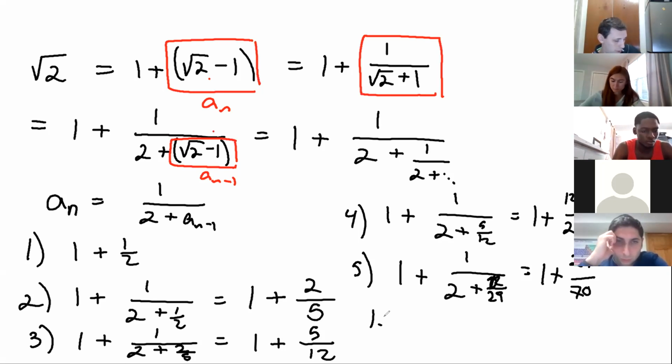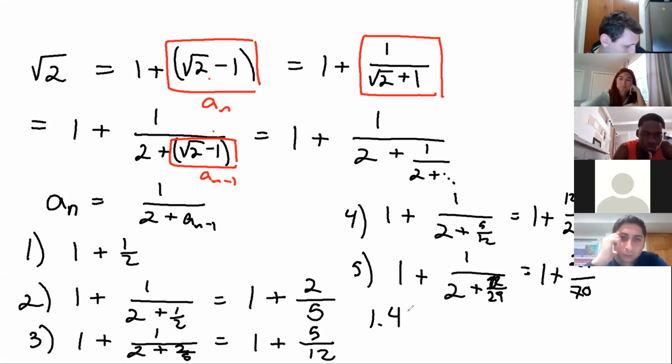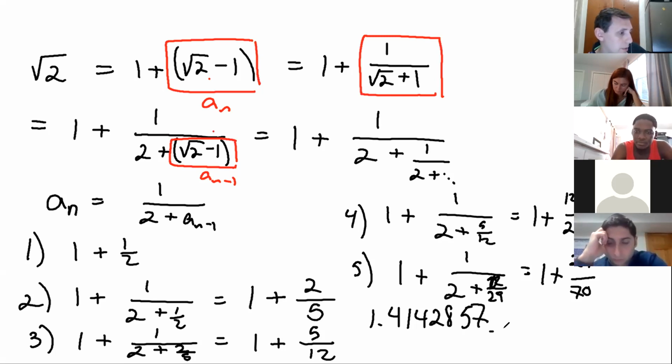The calculator gives 0.4142857 and so on, so it's 1.4142857, and so on.